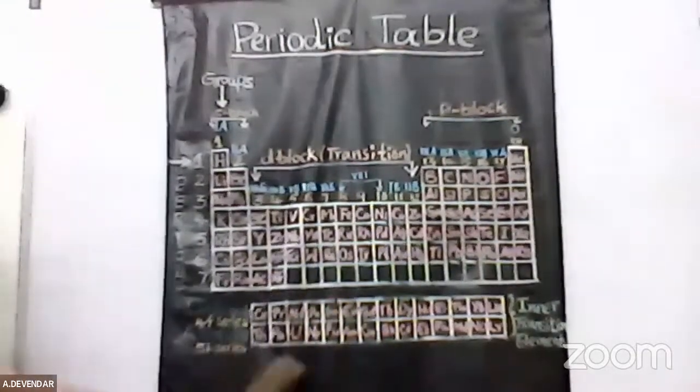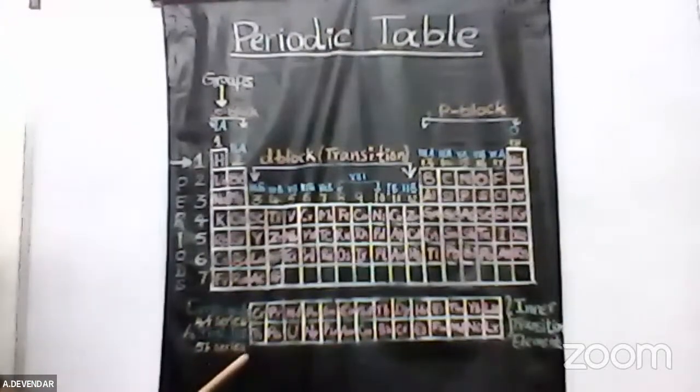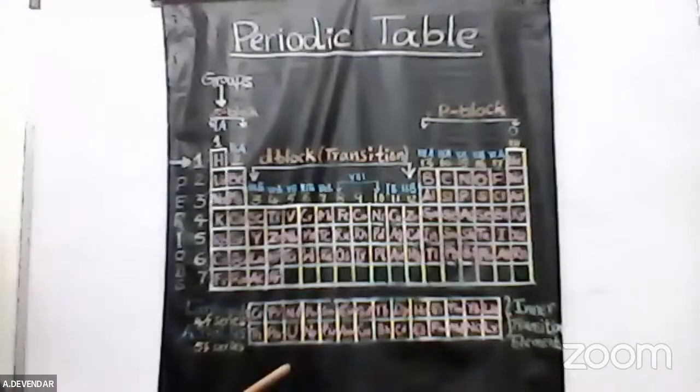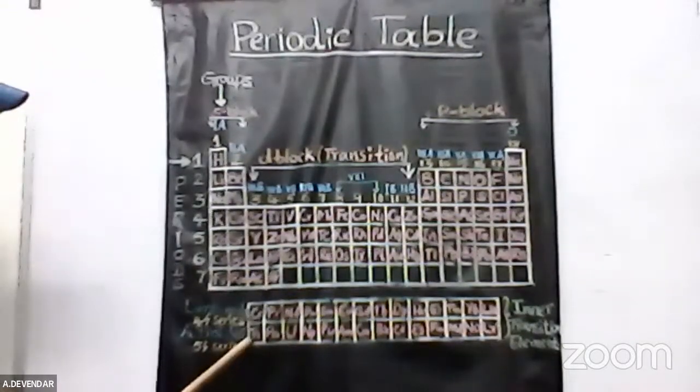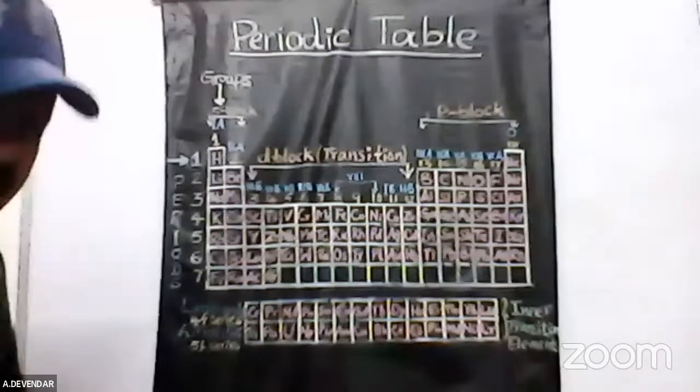And you also see that particular 4F block, 5F series. The 5F series actinides are radioactive elements. All are radioactive elements. Everyone from thorium to polonium, uranium, neptunium, plutonium, americium, like that, everyone is radioactive in nature. They are man-made elements.